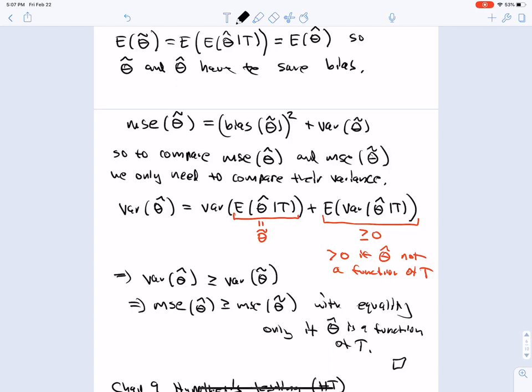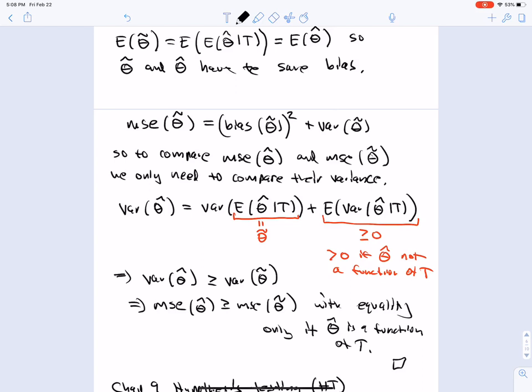So for the variance of theta hat, we can have an expression for this using our formula for iterated variance. This expression is in Pitman, I think in chapter 5 or 6, and it's basically the relationship between conditional expectation and conditional variance.